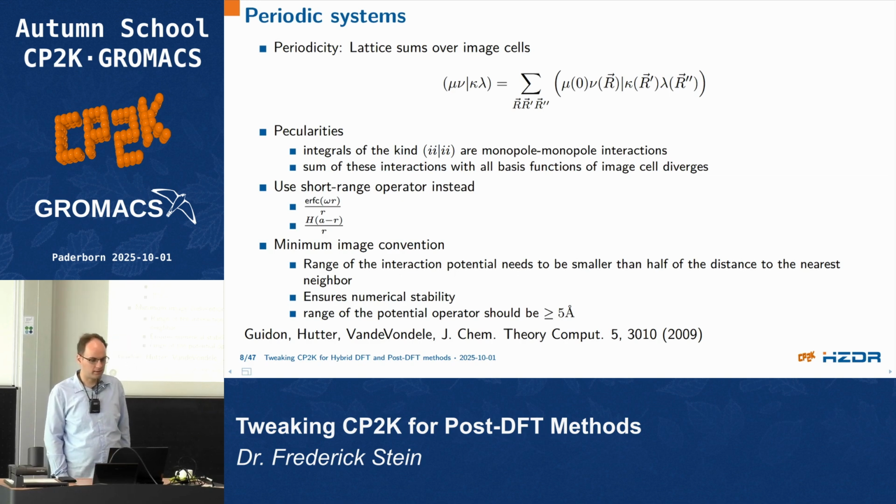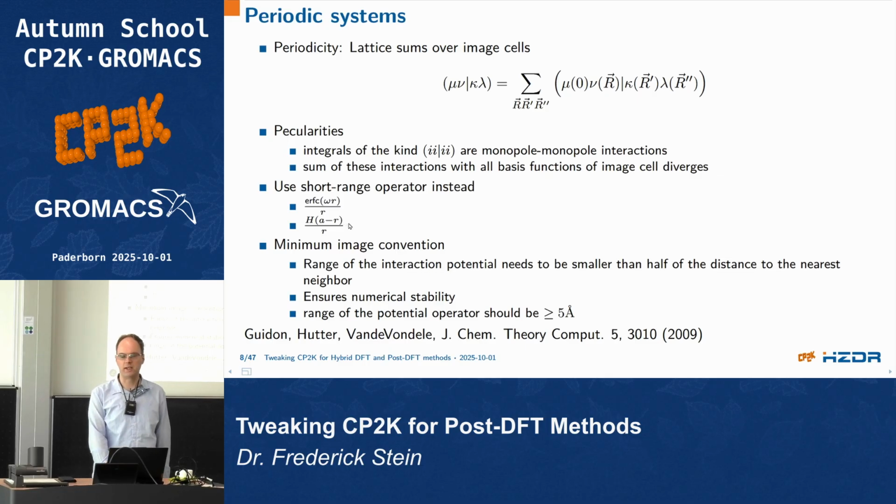And that's why there are commonly two operators used instead. One of them is based on the complementary error function, and the other one is based on the so-called Heaviside function, which just says that the potential is 0 from a certain truncation radius on. And that's also the solution which is chosen in CP2K.